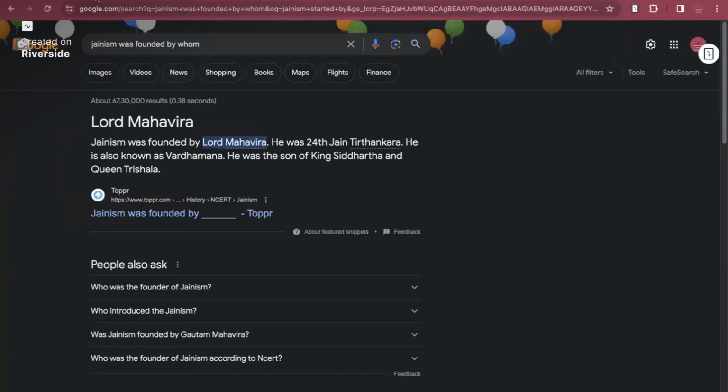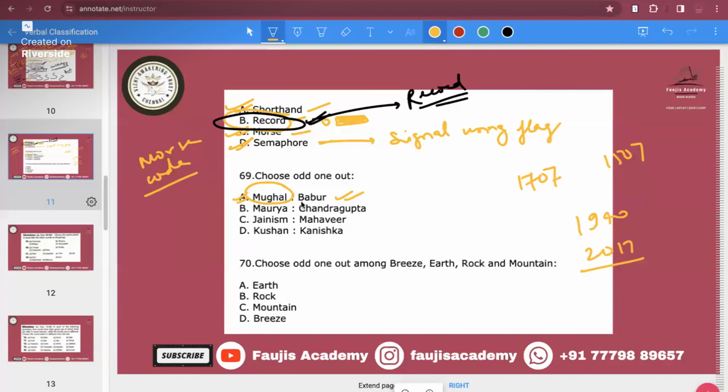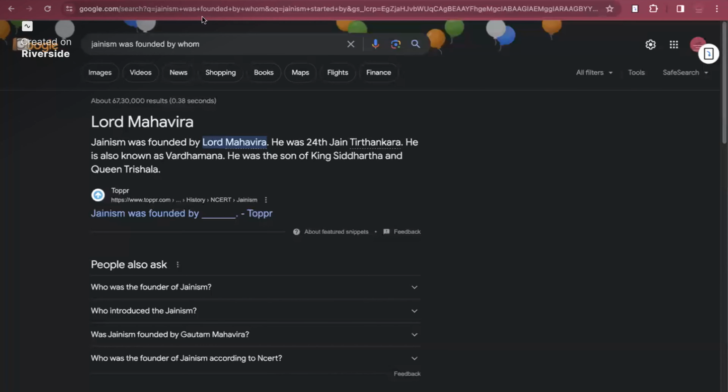Okay. Lord Mahavira. 24th. Yes. He's the 24th Tirthankar. Yeah, last one. There's a concept called Tirthankar in Jainism. Okay. Kushan Empire was started by whom?